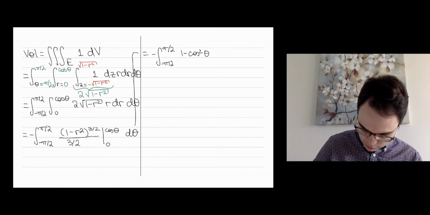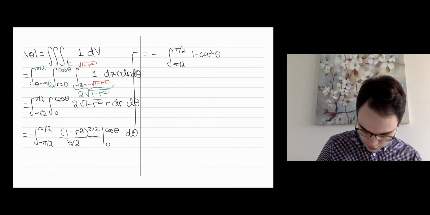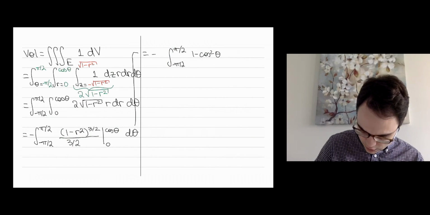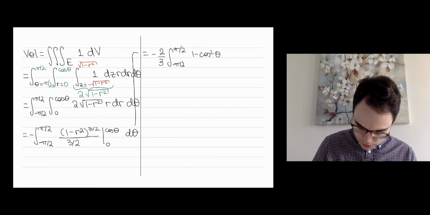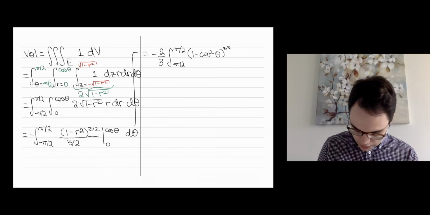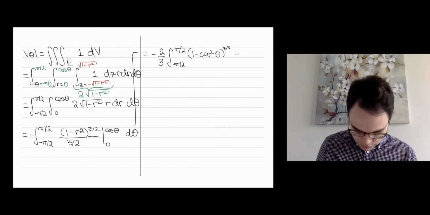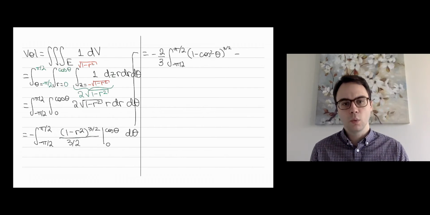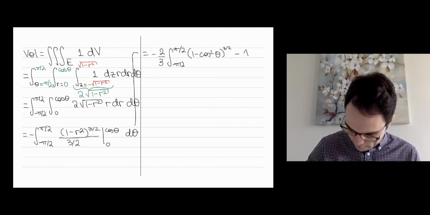There's this denominator, 3/2. I'll just bring it to the front as a 2/3 multiplying. Then we have 1 minus cosine squared to the 3/2 minus, and then when r is equal to 0, 1 minus 0 to the 3/2 is just 1. And then d theta.